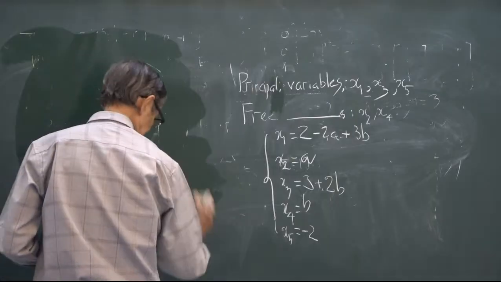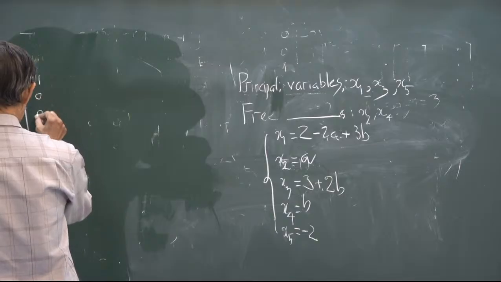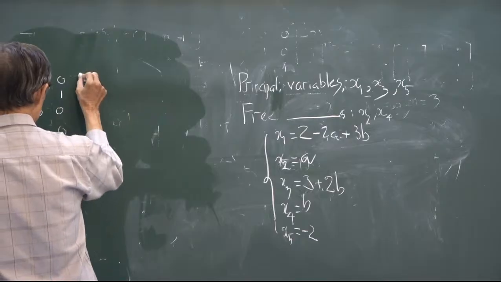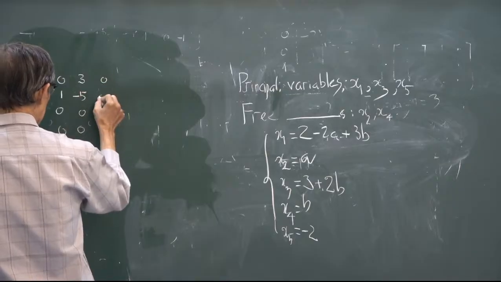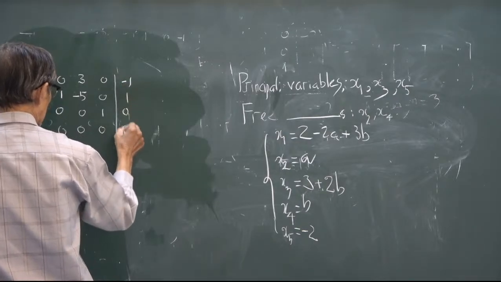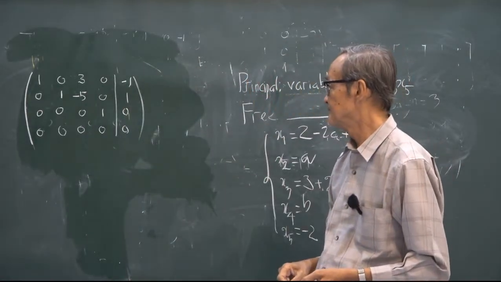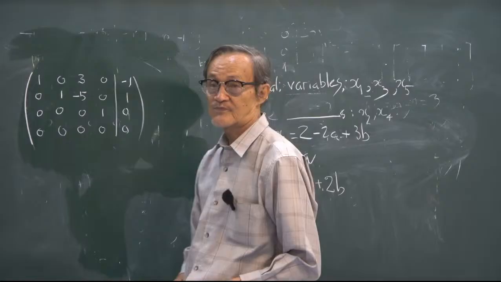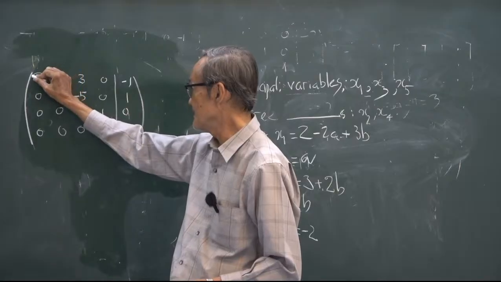Now, let's see another example. 1, 0, 0, 0, 1, 0. The first non-zero element from the left of this row is here.